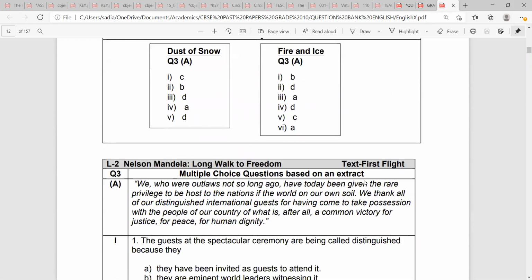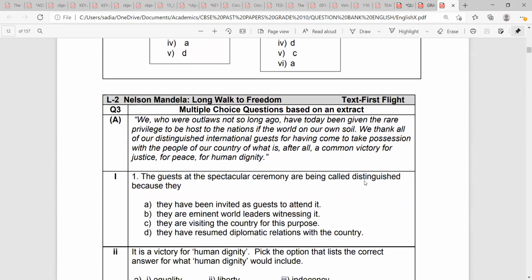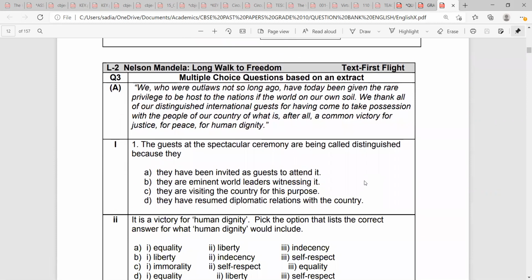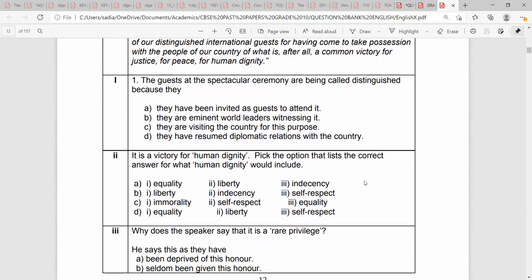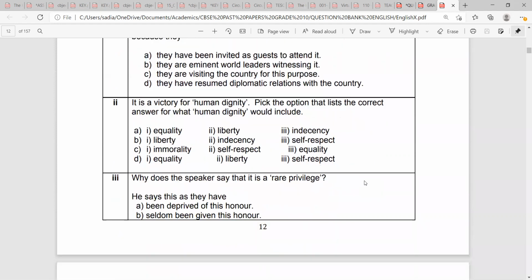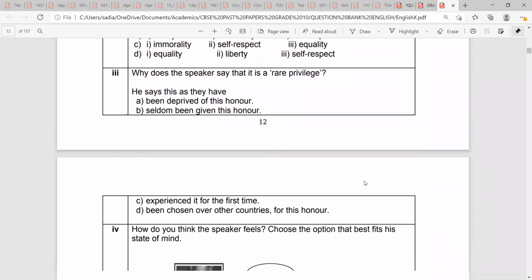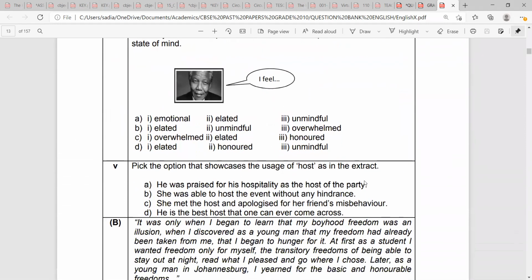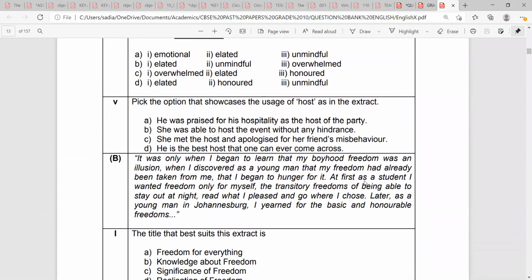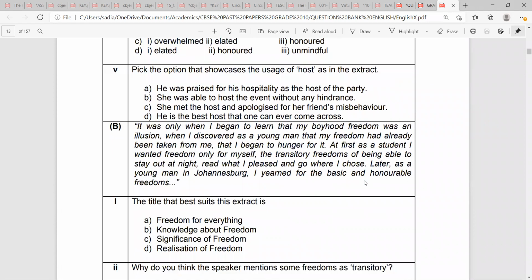The next lesson is Nelson Mandela, A Long Walk to Freedom, textbook First Flight. Read the text. Look at the MCQ. Pause the video and read.